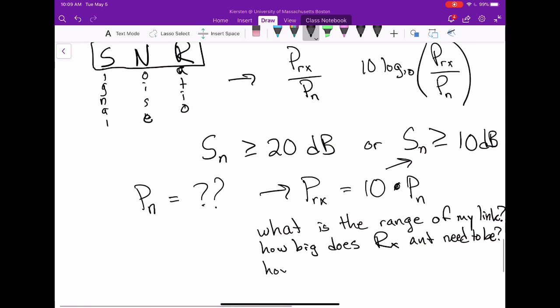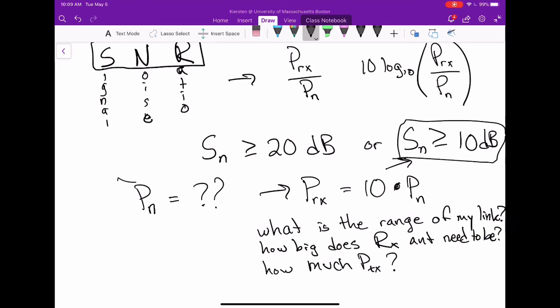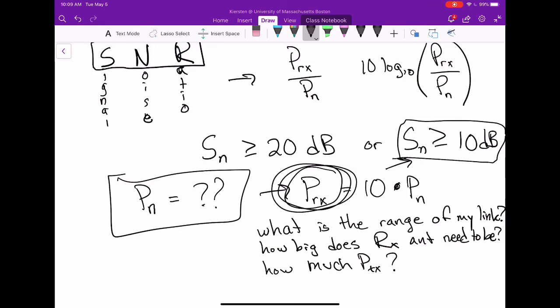Or how much transmit power do I need? All these sorts of things can be answered based on this, because once you know the signal to noise ratio that you need and the noise power that you're going to have, you can figure out how much receive power you need in your link, and you apply the Friis transmission equation to answer all your questions.